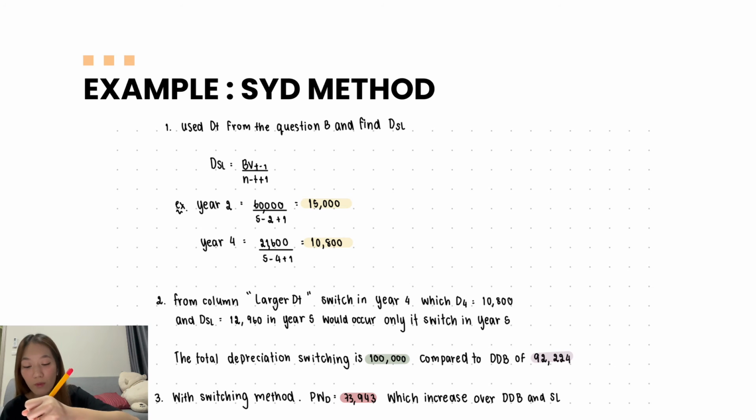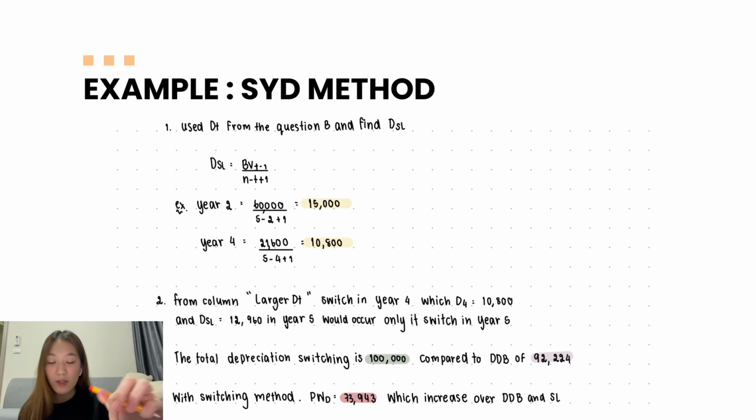And for year 4, we plug in the formula here and we get 10,800. And from the larger Dt column here, switch in year 4 with D4 equal to 10,800 and DSL equal to 12,960 in year 5, so it is switched in year 5.